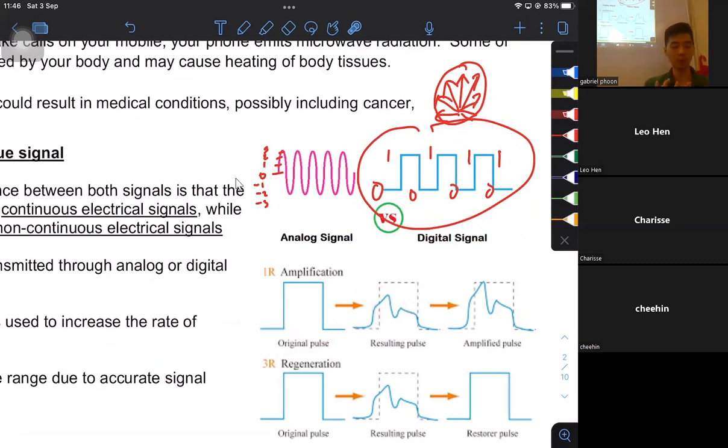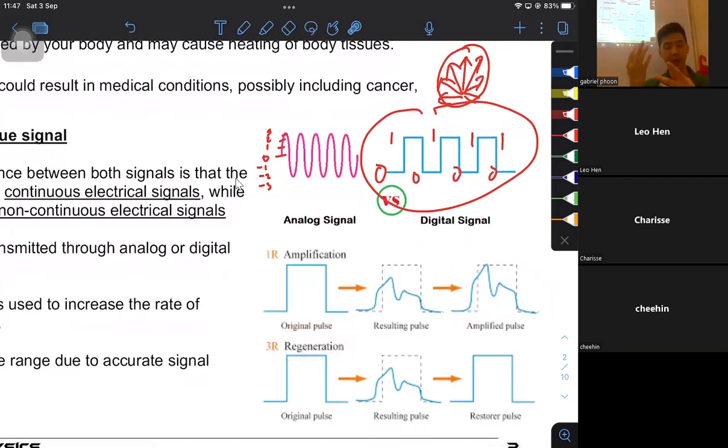But usually we'll try to amplify this information because it has to travel a very far distance. So when we amplify it, we see that the amplitude actually increases. But this is nowhere near the real thing, right? So what we do is we regenerate the signal as well. We regenerate it through AI and technology, right? What's going to happen is this is the resulting pulse. And at the end, when we restore it, guys, most of the signals are there already.